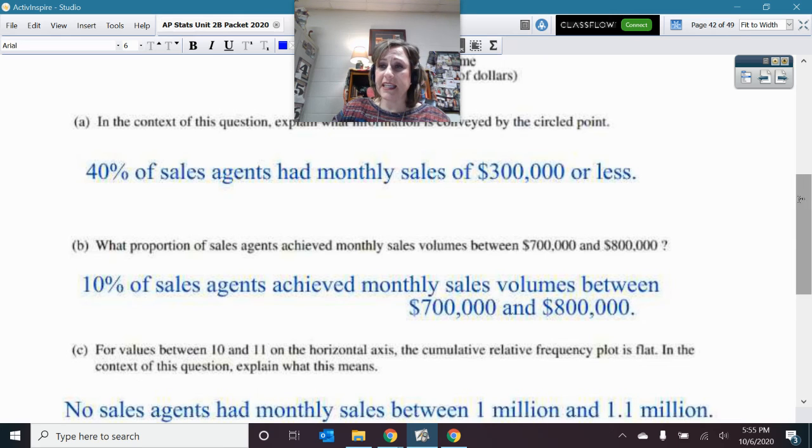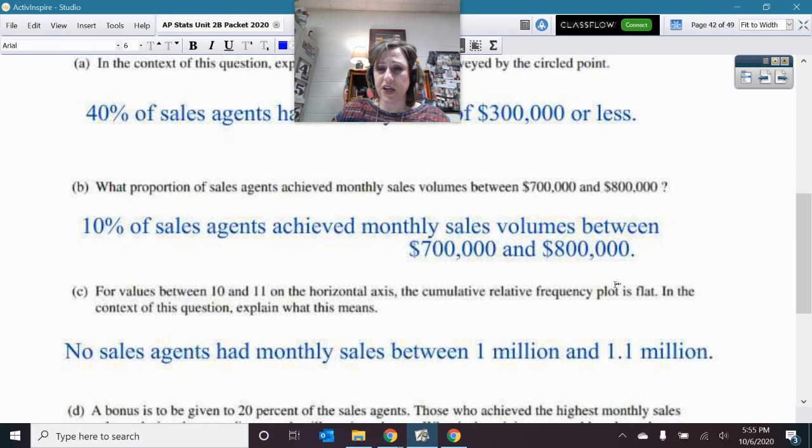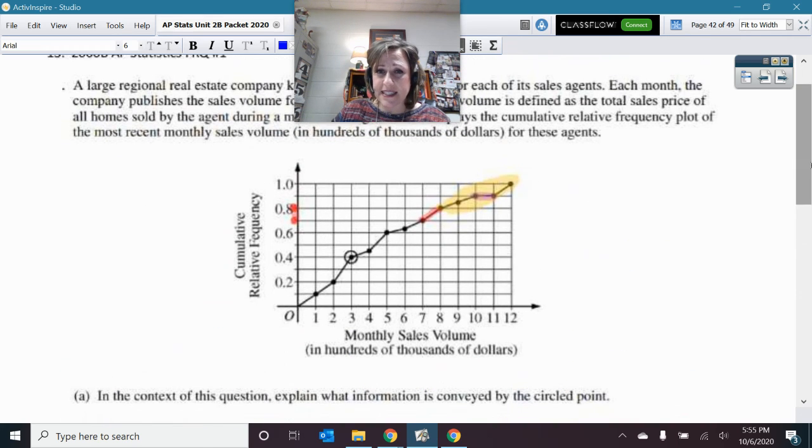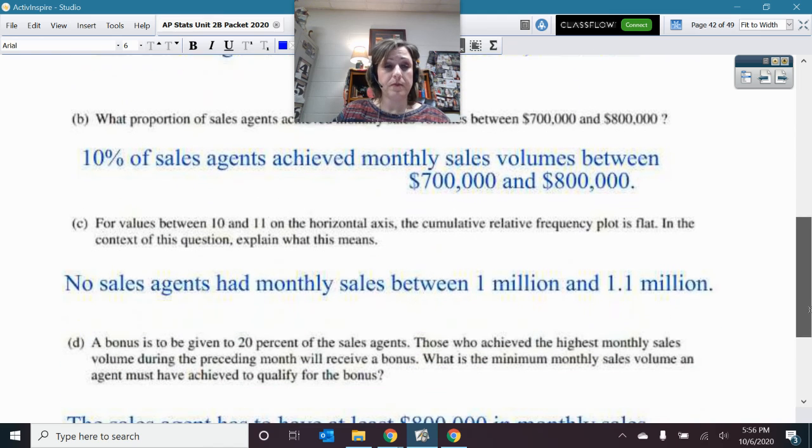So for 10 and 11, the plot is flat. In context, what does that mean? So that's asking about this little section right here that's flat. That means no additional sales agents sold this amount from 10 to 11, which would have been $1 million to $1.1 million in monthly sales.